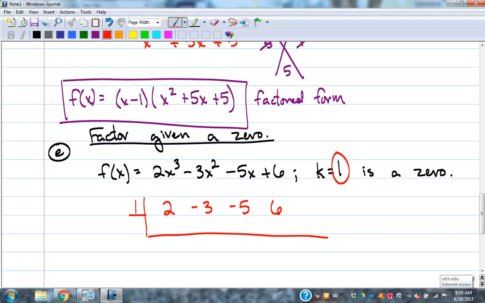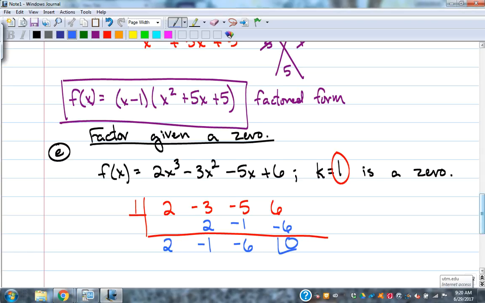And I'm going to go through there and I'm going to run the 1 through. 2 times 1 is 2. I got a remainder of 0. I should have. They told me 1 was a 0 of this polynomial. So I should have got that the remainder was 0.